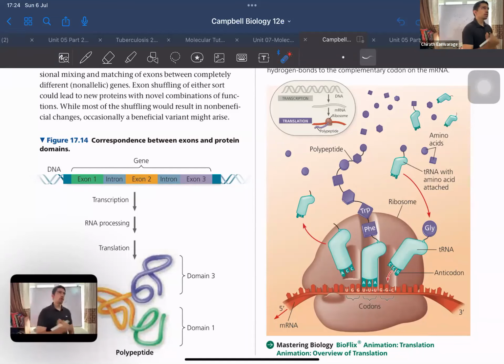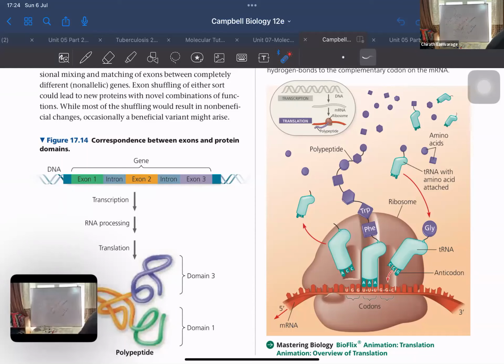Does anybody know how many types of tRNAs we have? How many different types of transfer RNAs do we have? I told you this when we were doing nucleic acids. What is the function of tRNA? To transport amino acids.